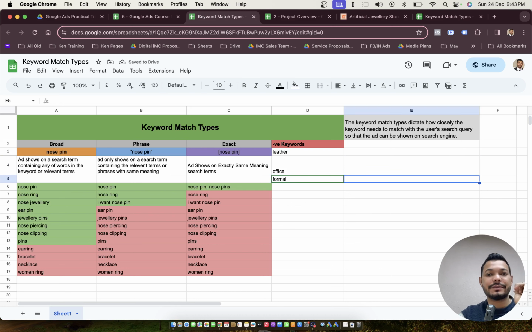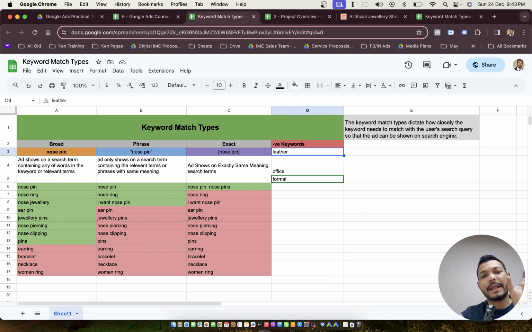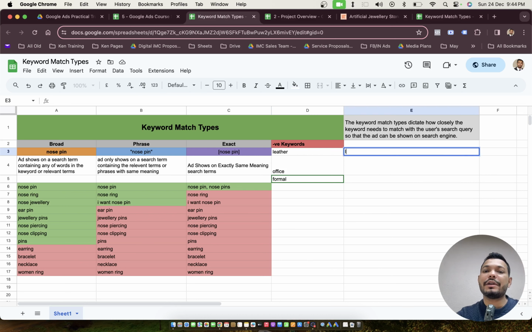So you have two options. Either you add the word leather in negative. Now, if you add the word leather in negative, then any query or any search term which has the word leather will not trigger any of the ads from that account, or from that campaign, right? Or you can also add the words leather shoes in negative.